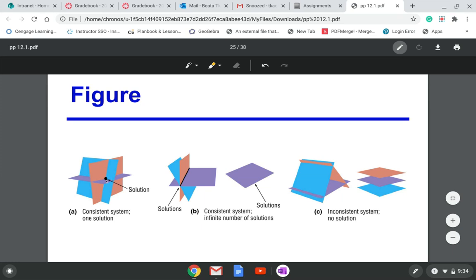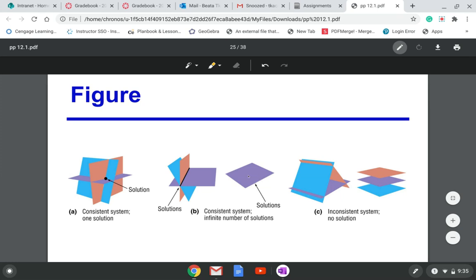So then instead of x and y, you're going to have x, y, z, and we graph in three dimensions using three variables. Now, a consistent system can be consistent with an infinite number of solutions.